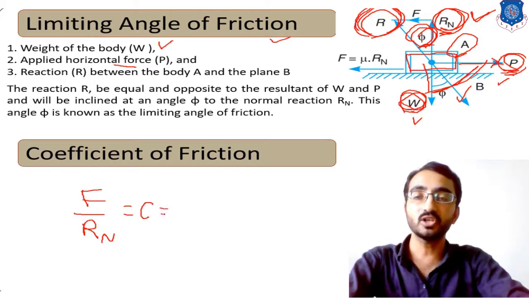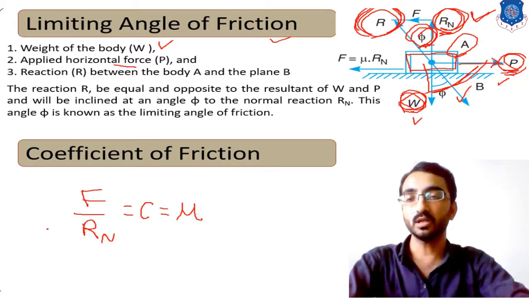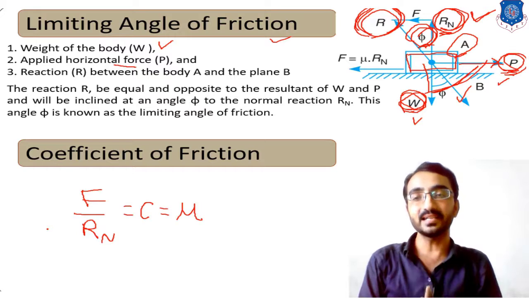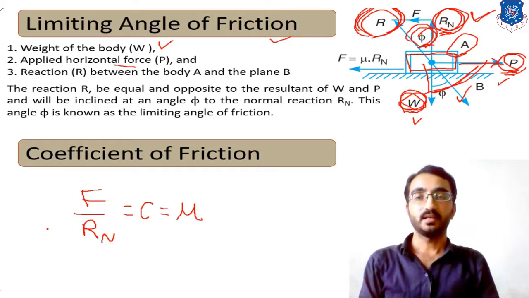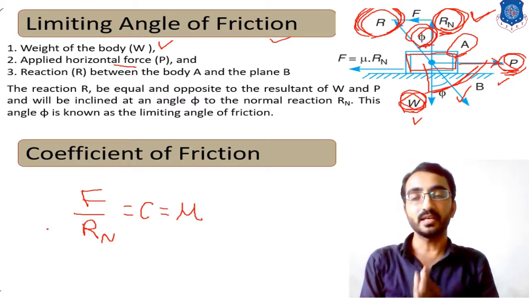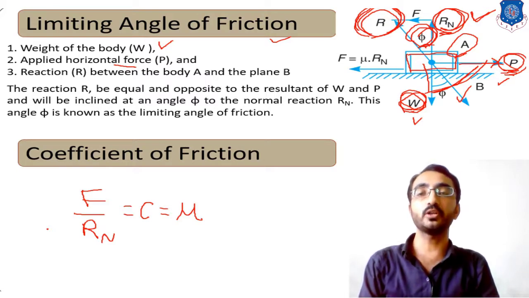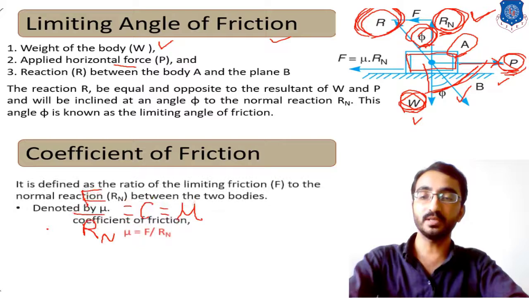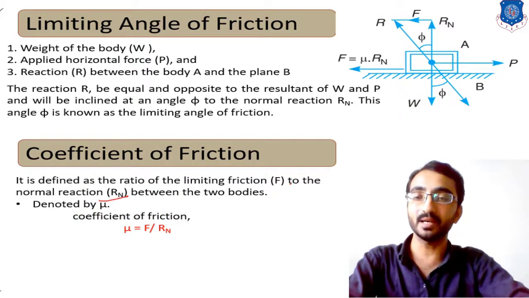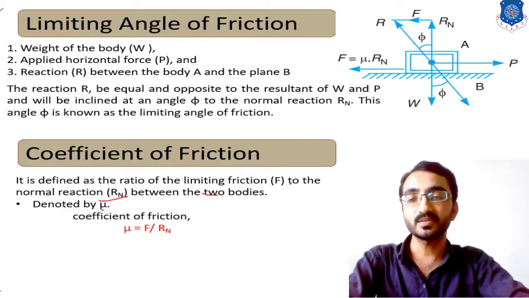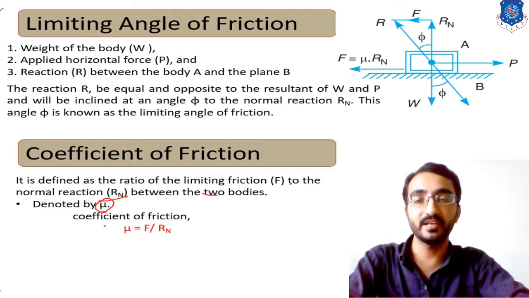This constant is known as the coefficient of friction, mu. So the ratio of limiting friction to the normal reaction between two bodies is denoted as mu and is known as the coefficient of friction.